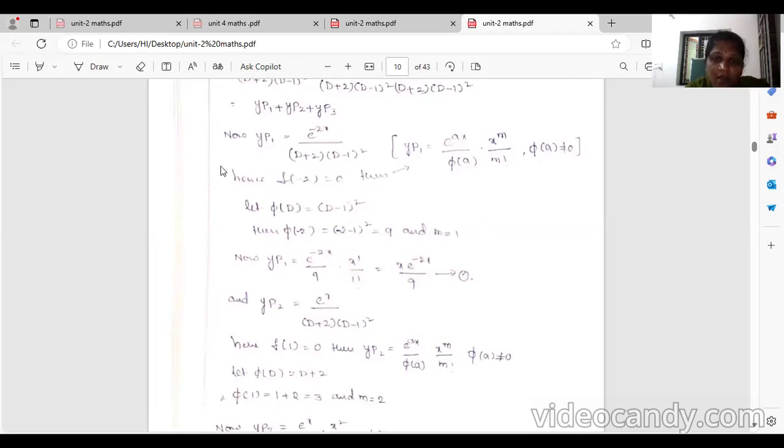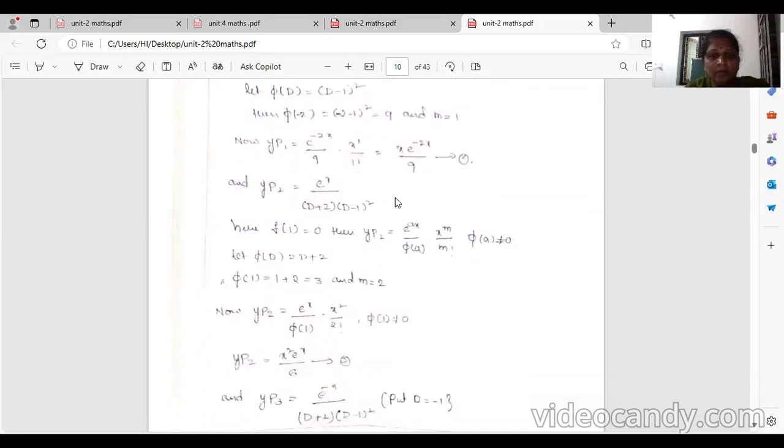How many times the factor is repeated, that is m. So m = 1. So e^(-2x), phi(a) = 9, and x^m is x. The factor is repeated one time. This is the particular solution yp1.